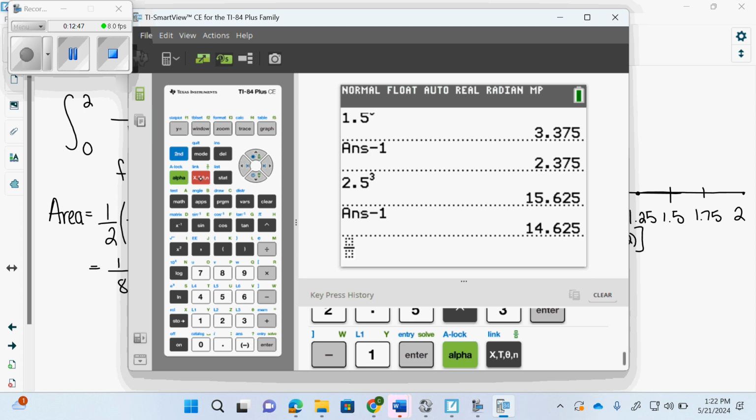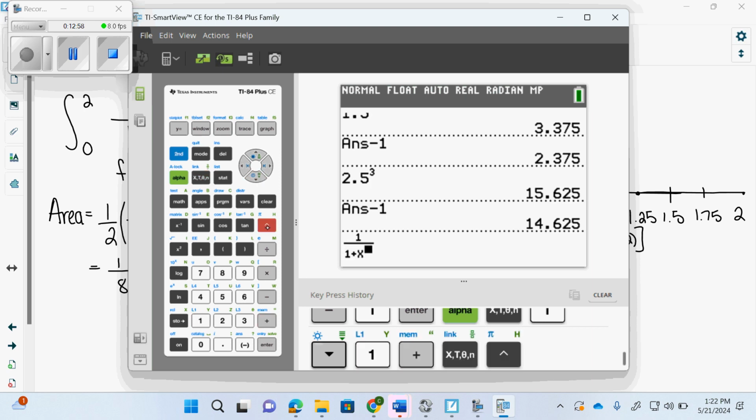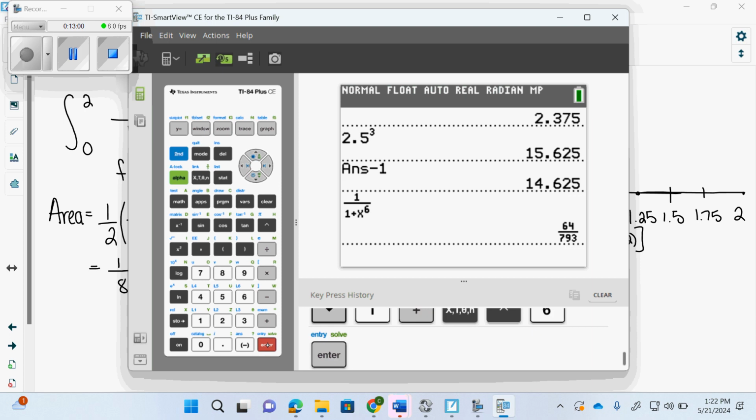Now, I'm going to actually type in the equation the way it looks. So I'm going to go 1 over 1 plus x to the power of 6. Enter. Now, it just gave me an answer for x being whatever x was last. Okay? I want x to be 0.25.